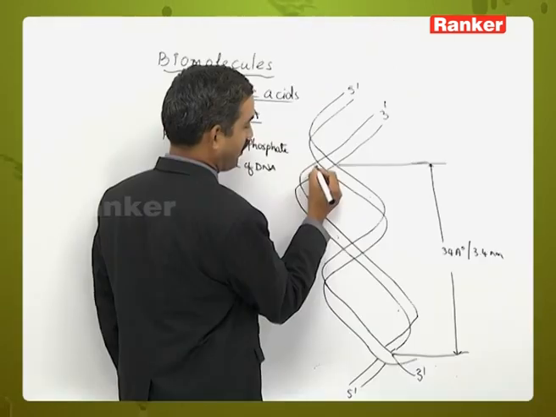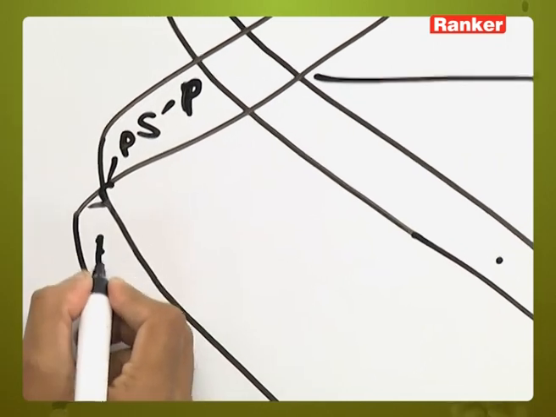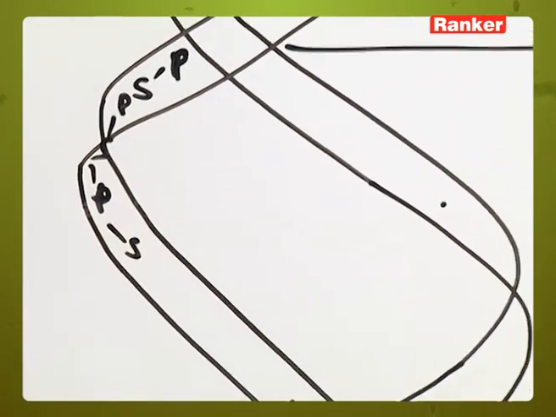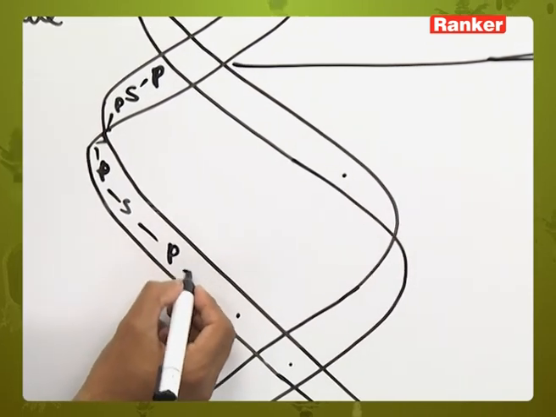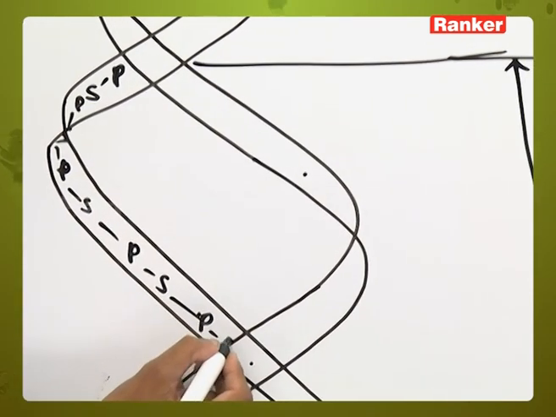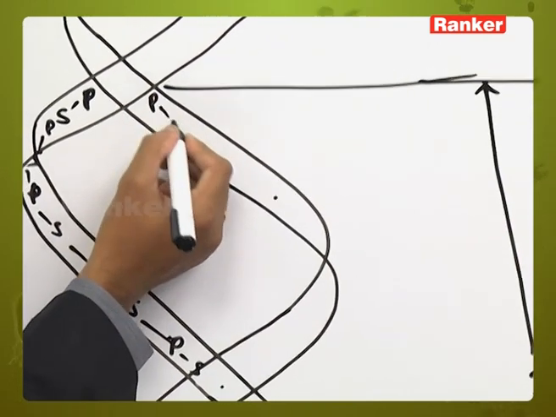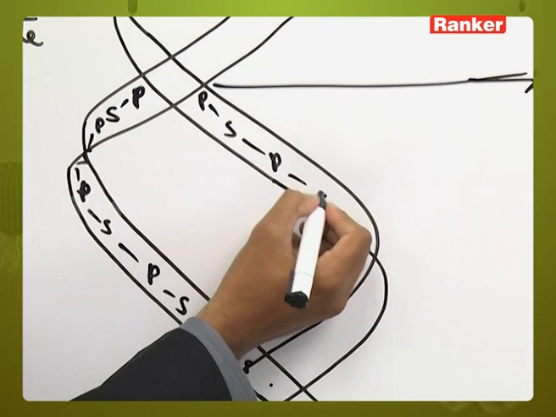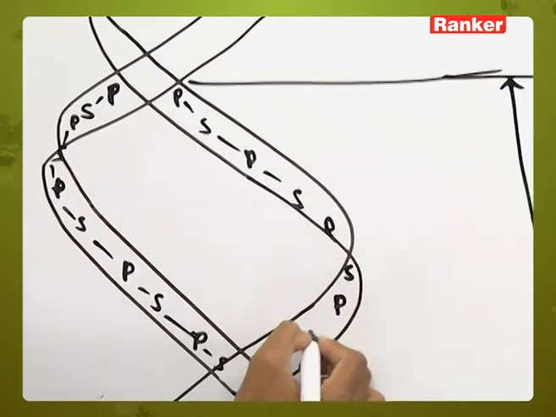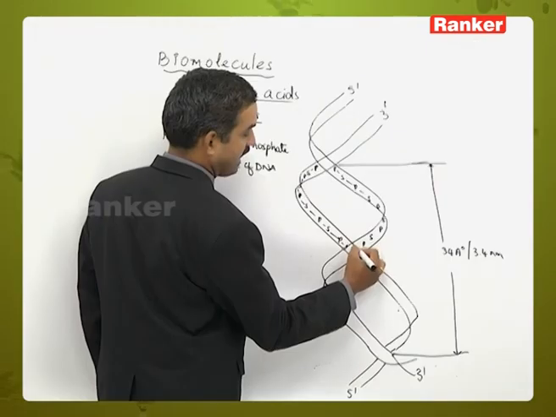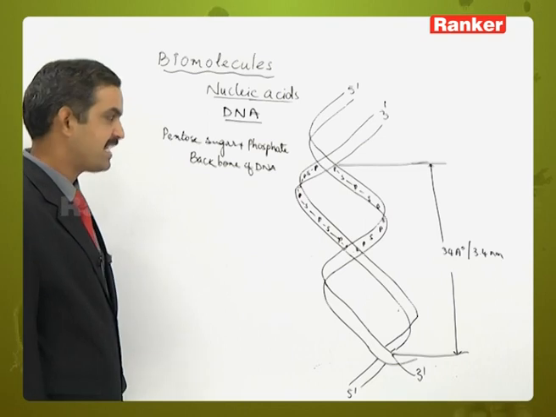So like phosphate group, pentose sugar, phosphate group, pentose sugar, phosphate group, pentose sugar. Likewise, they form a backbone for this one. Phosphate, pentose sugar, phosphate and pentose sugar. On this side also, phosphate, pentose sugar, and so on. Likewise, it forms the backbone of the DNA molecule.